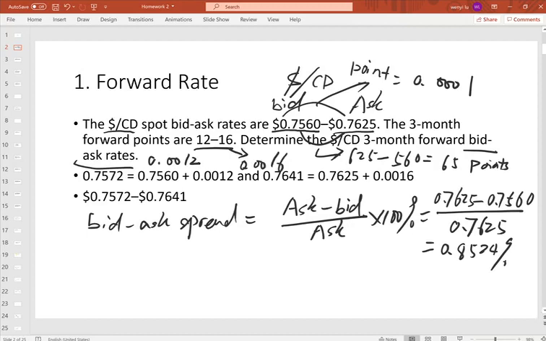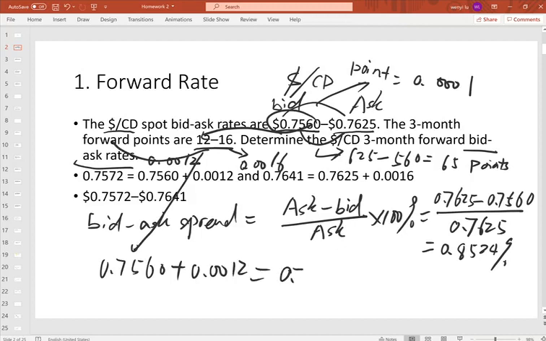So our forward bid and forward ask should be, for a bid, the spot rate plus the change of the points for the forward. So that's 0.7560 plus 0.0012 equal to 0.7572, 60 plus 12 equal to 72.